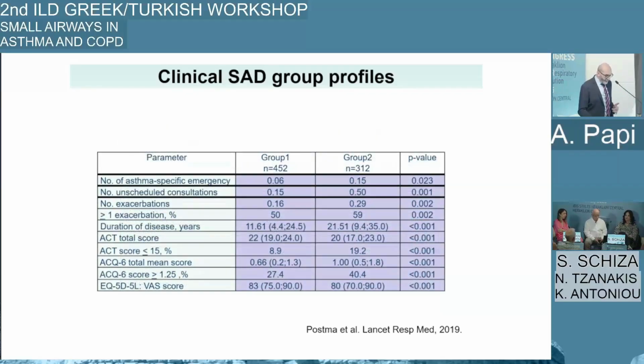But it is on the major clinical outcomes that the difference becomes huge. Here we can see that exacerbations, whatever the way we measure exacerbation, are associated with a greater degree of impairment in small airways in group 2 compared to group 1. Whatever the definition, it is significant.